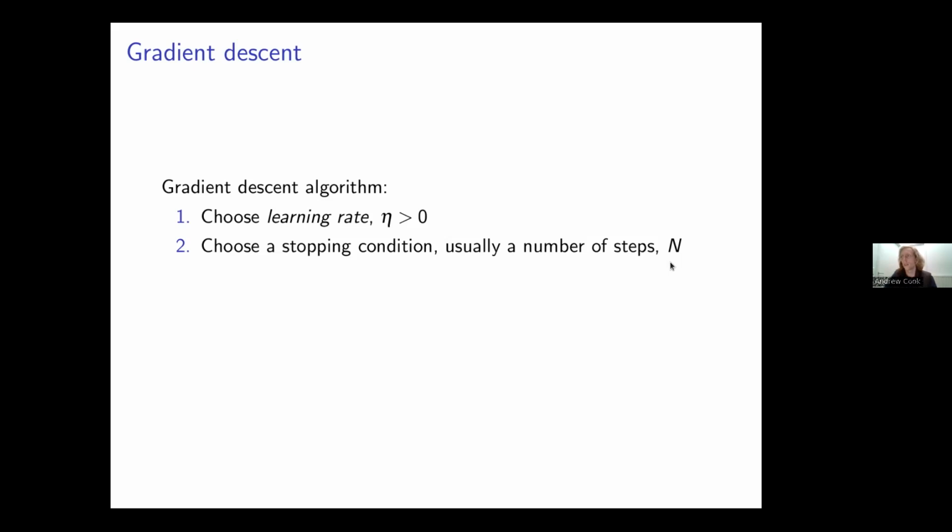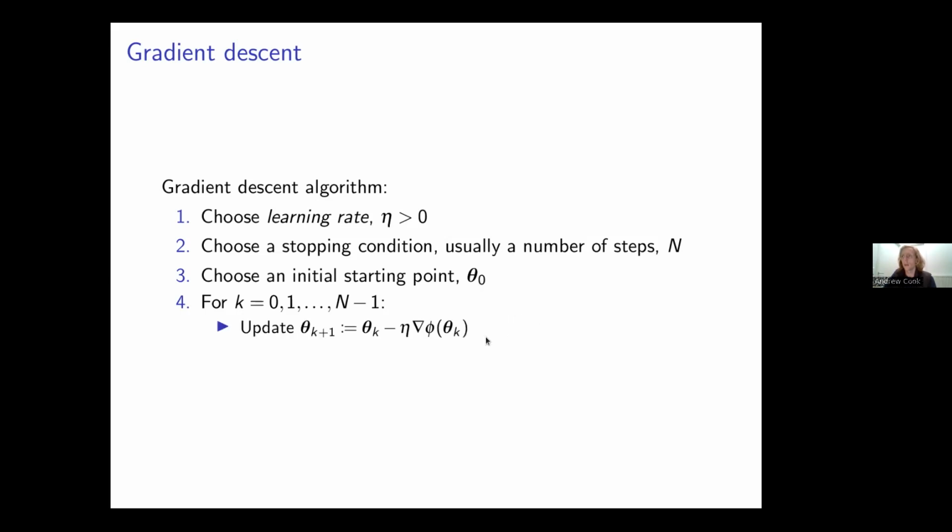If you can see a nice decreasing loss, then you know that your gradient descent is doing well. And of course, you have to pick an initial starting point in your parameter space. Usually this is just randomly generated. And once you have all of those, you iterate through your n steps.